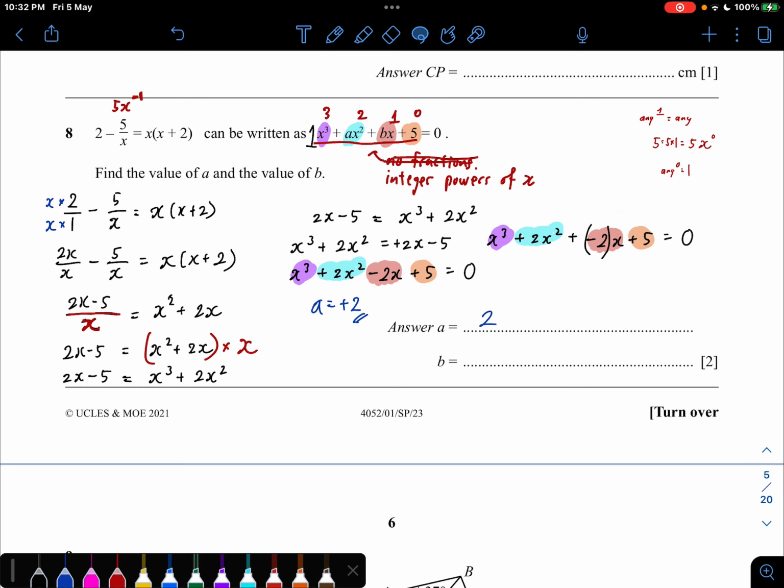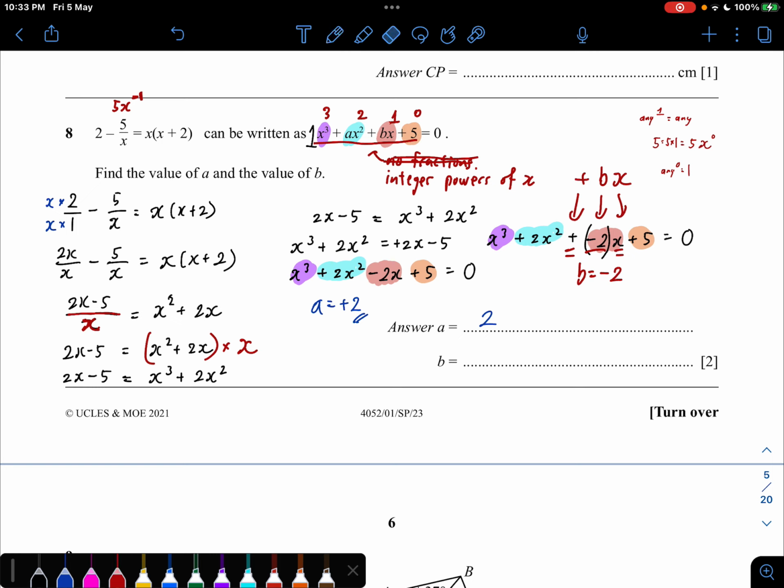Then in this case it becomes super clear that b must be equal to negative 2. So definitely b is negative 2, the middle guy.